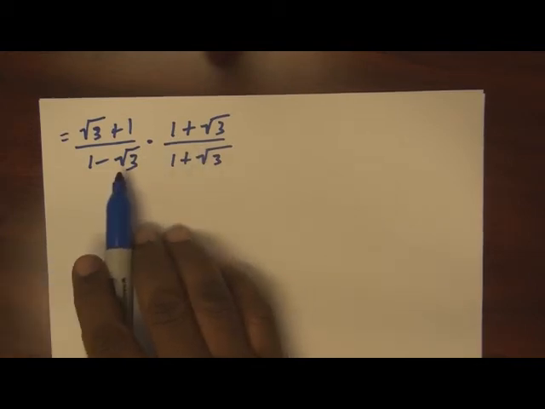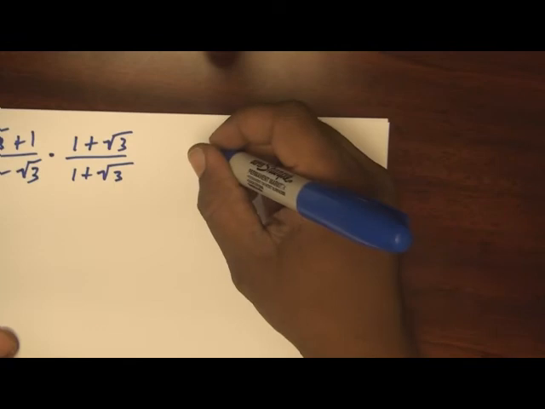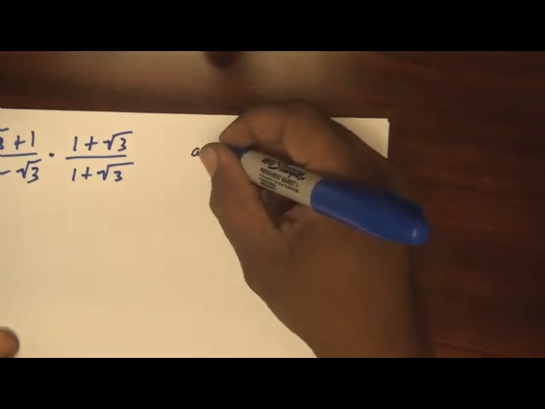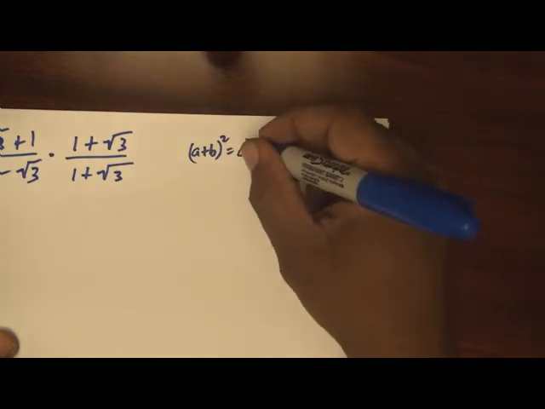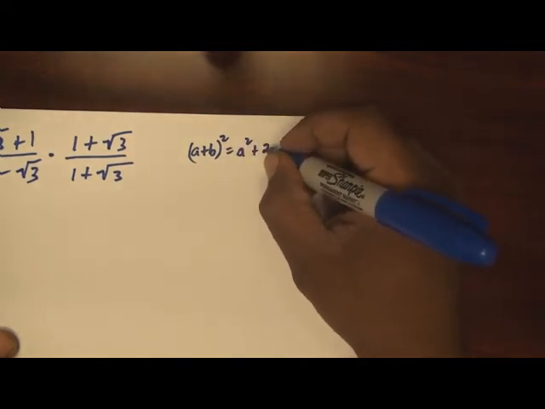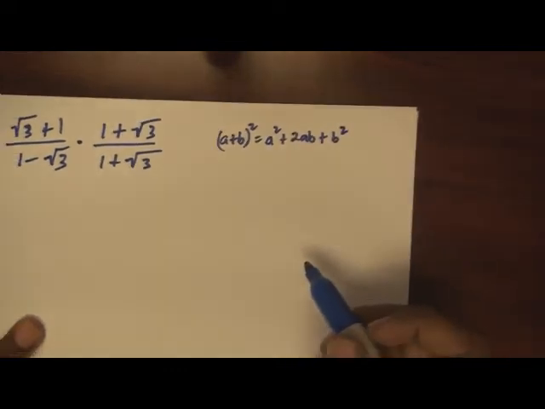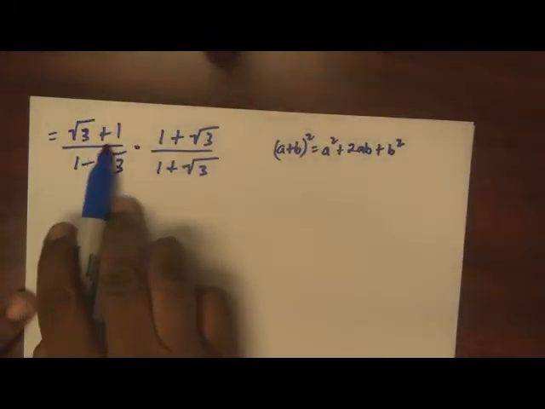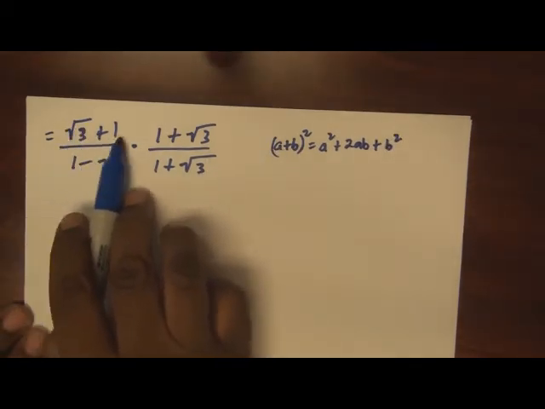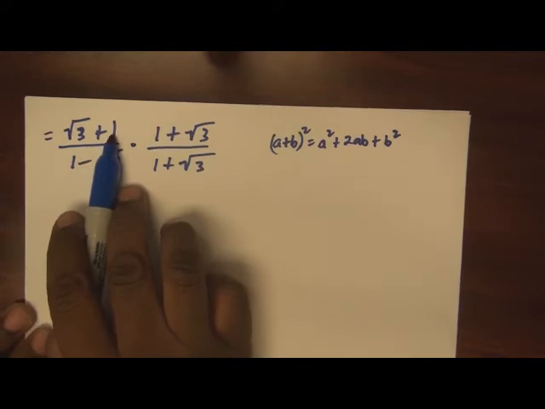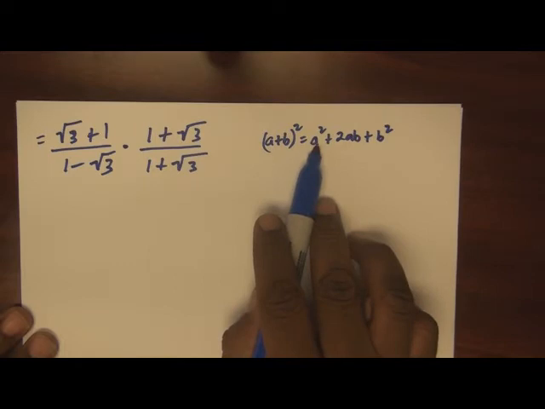So by using the sum of squares formula, it simply says that a plus b quantity squared is equal to a squared plus 2ab plus b squared. So if I look at my sum of binomials, a is square root of 3 and b is 1. So in this formula I can treat a as the square root of 3.